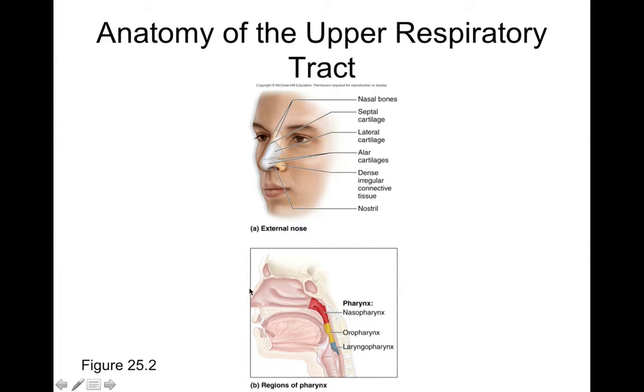Looking at the nasal cavity here, we see the concha: the superior, middle, and inferior nasal concha, as well as their associated meatus, the superior, middle, and inferior meatus. These meatus are where the paranasal sinuses drain. The frontal sinus, sphenoid and ethmoidal sinuses, and the maxillary sinus drain or connect to these meatus, or openings, within the nasal cavity.